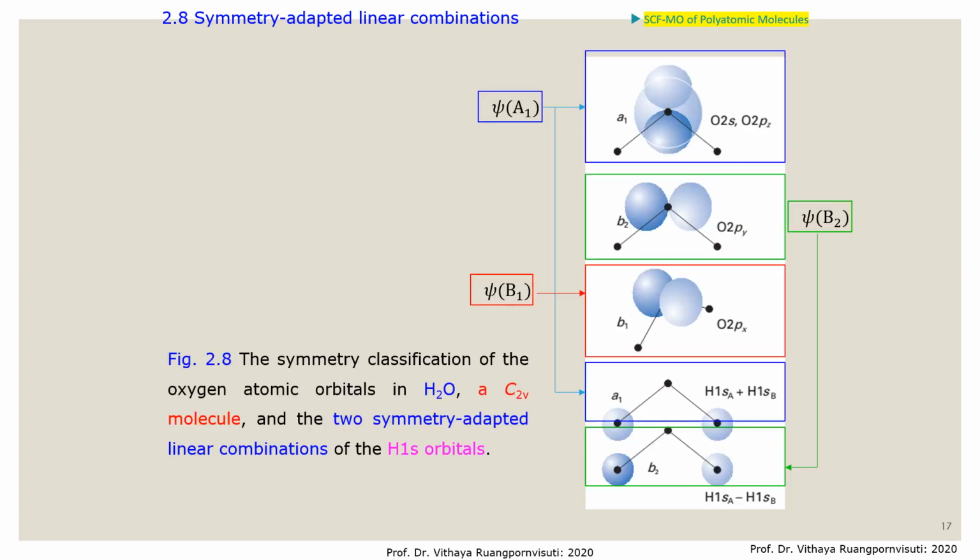Figure 2.8 shows the symmetry classification of the oxygen atomic orbitals in the water molecule, the C2v molecule of water, and the two symmetry adapted linear combinations of the H1s orbitals.